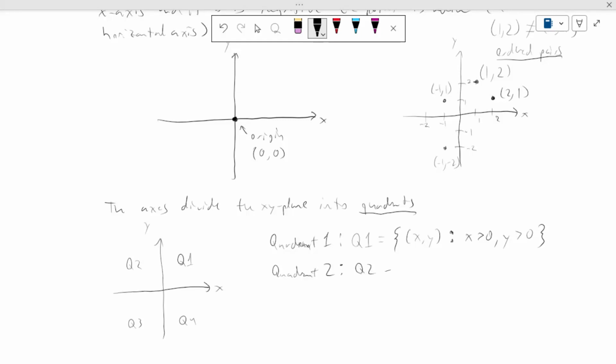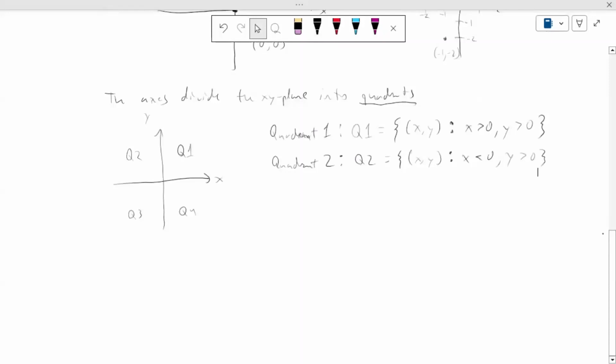Quadrant 2. If you're in quadrant 2, then you're to the left of the y-axis, so you must have a negative x coordinate. It's still points x, y, but now x is less than 0, and y is still greater than 0. Then we'll go on to quadrant 3.